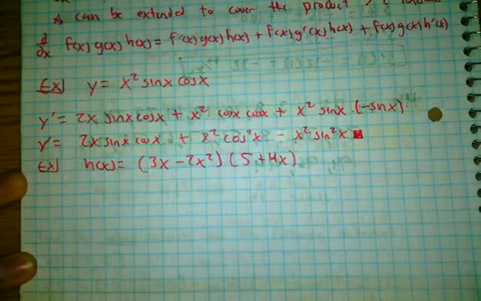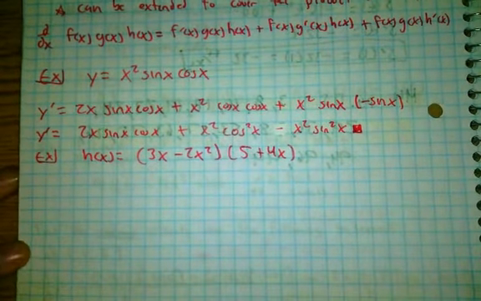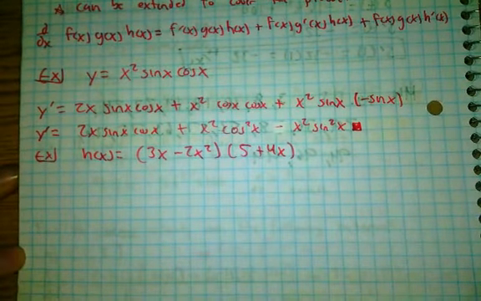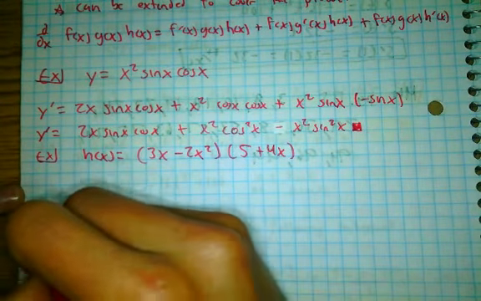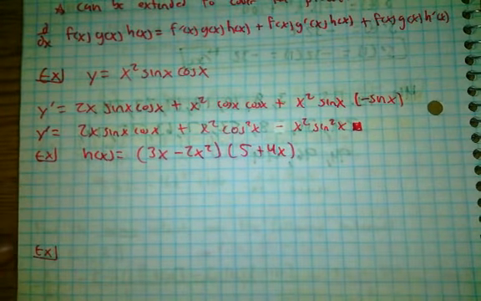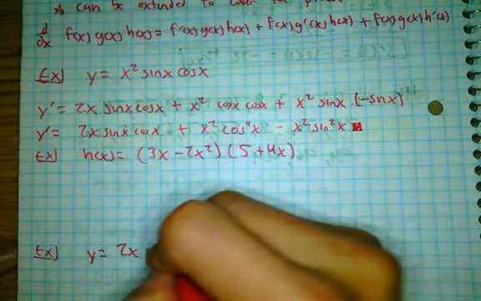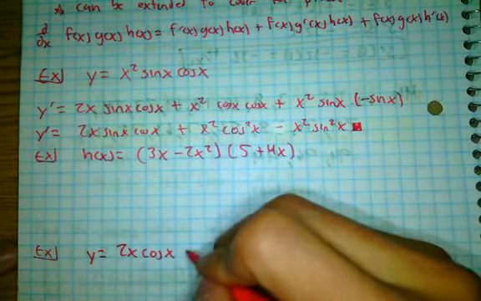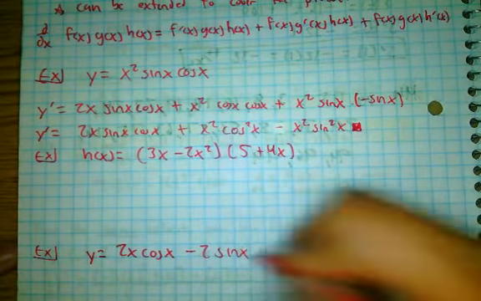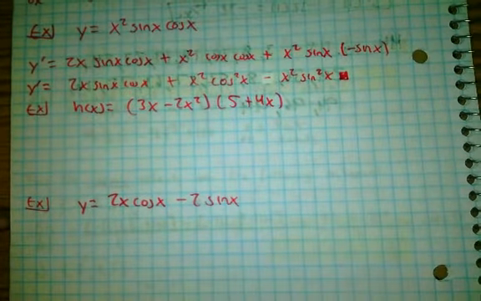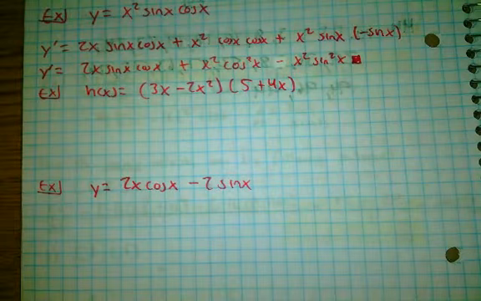So find the derivative of that one. And I'll go ahead and give you the other one in case you finish that one. You can also try y equals 2x cosine of x minus 2 sine of x. So take both of those functions and find the derivative of both, please.